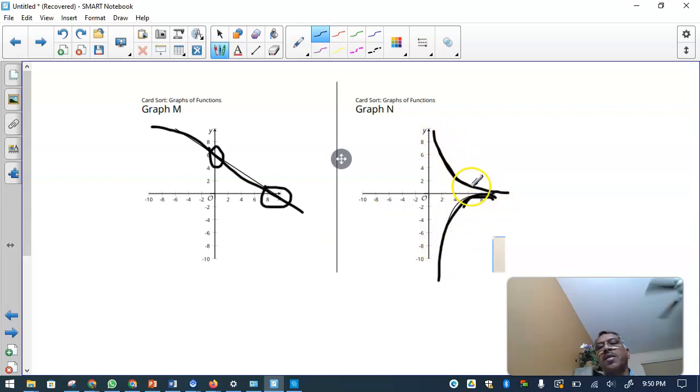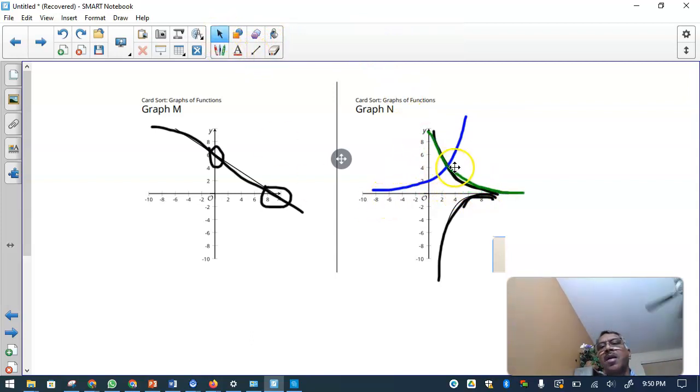It's a continuous function, does not repeat, and it has been moved. Maybe the function first reflects, then moves to the right, and then reflects over the x-axis. But the main thing you just write is that it's an exponential function, and it's continuous.